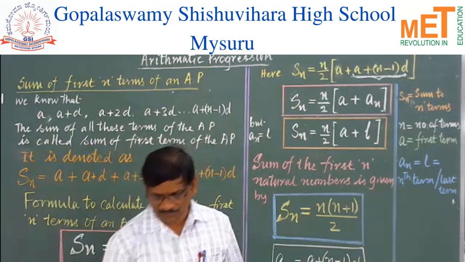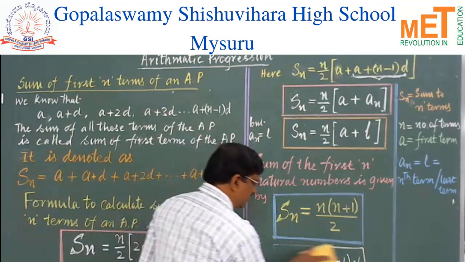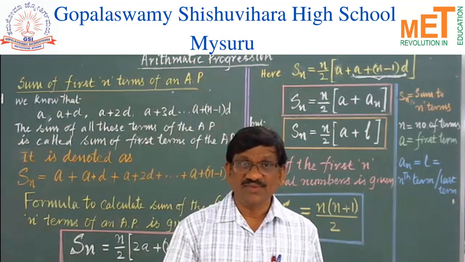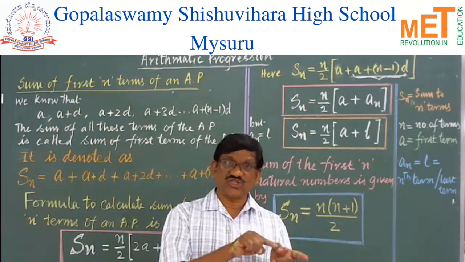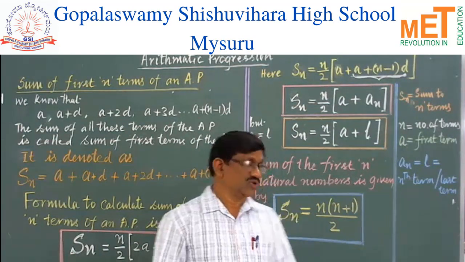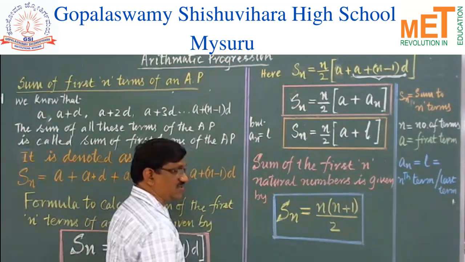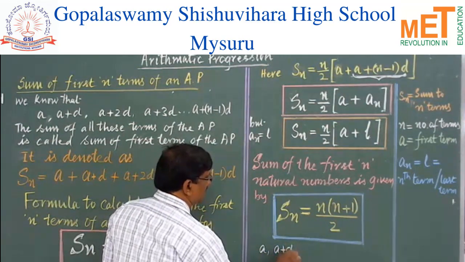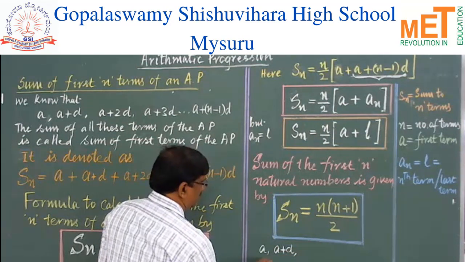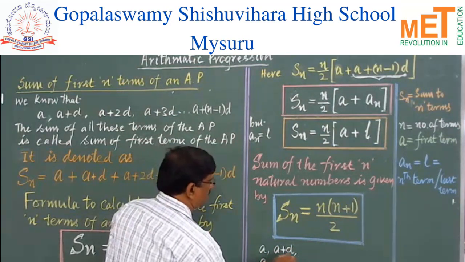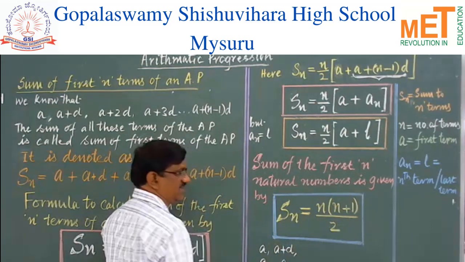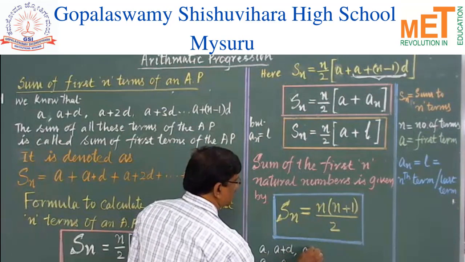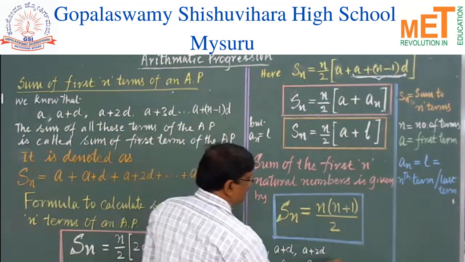Yes. And also we have learnt that the first term is A, and the difference between the first term and the second term is D. So we write the terms of the arithmetic progression as A, comma, A plus D, which is the second term; the first term A1 is A, the second term A2 is A plus D, the third term A3 is A plus 2D, and so on.